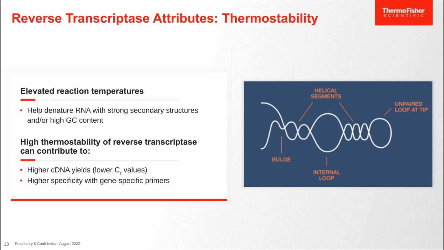Highly thermostable reverse transcriptases can tolerate these higher temperatures, and therefore using one can increase your cDNA yields and give lower CT values. Using thermostable enzymes with elevated temperatures can also help increase specificity when performing RT-qPCR with gene-specific primers.